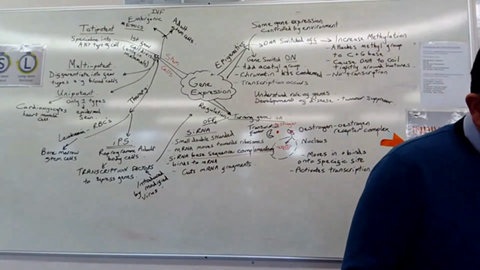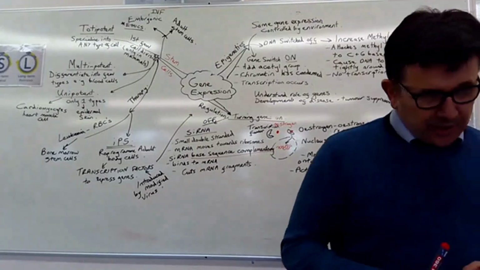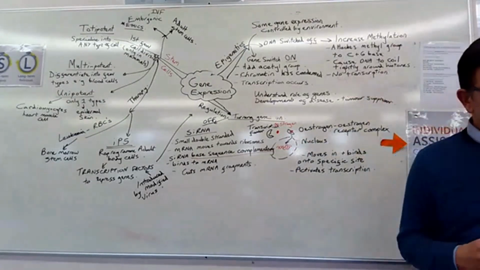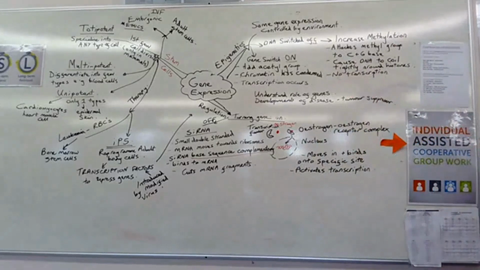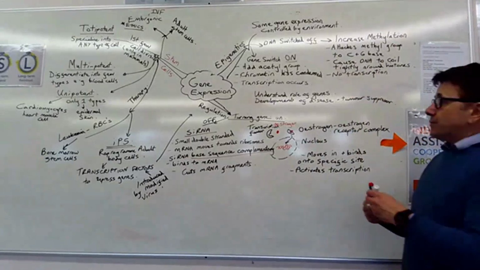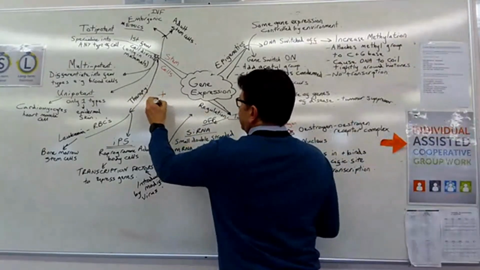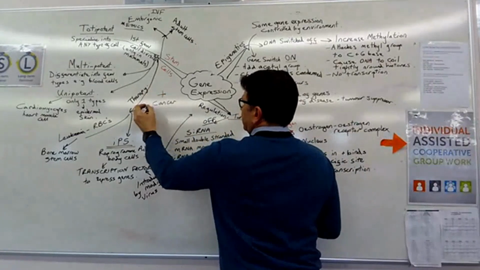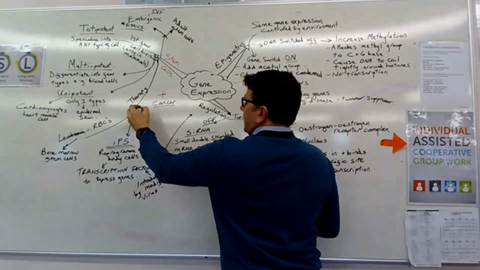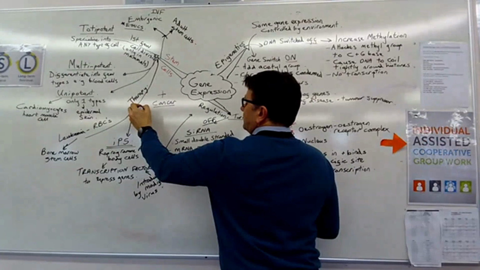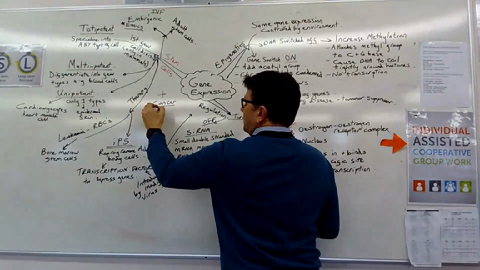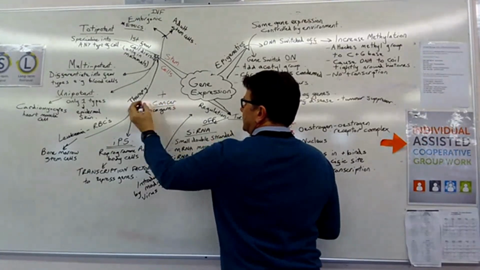It's very applied, this bit, so I'm not going to go through that. So you'd expect to see lots of information. I would probably say plus cancer. So don't forget about cancer, which is oncogenes, proto-oncogenes, and tumor suppressor genes.